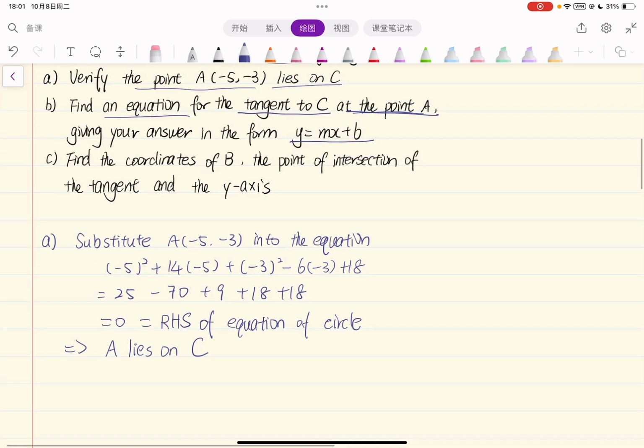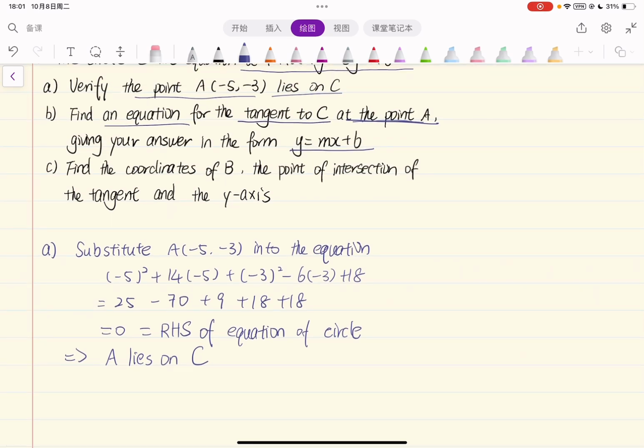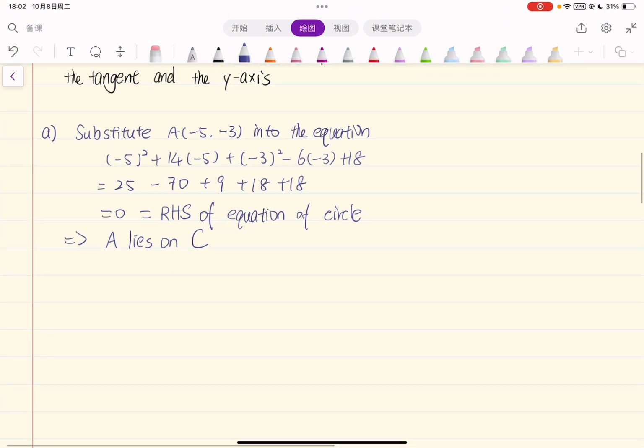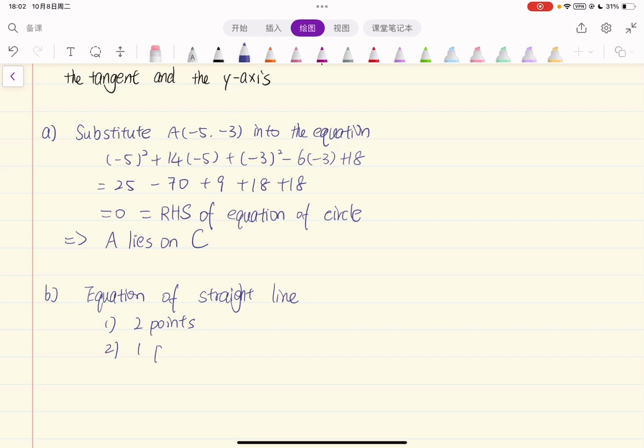To find the equation of a straight line, you need to know 2 points, or you can have 1 point and its gradient.